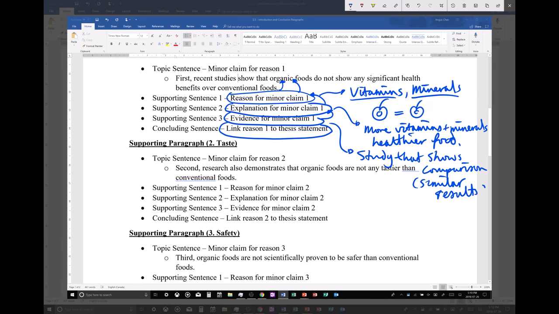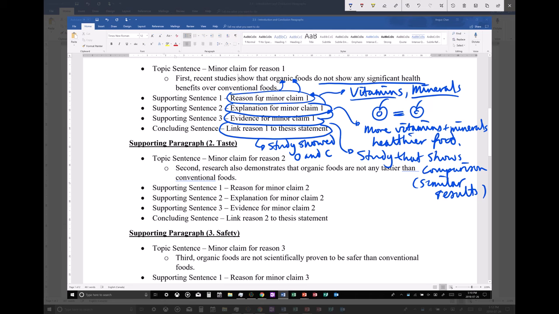Because I'm claiming in this sentence that they're the same, not any healthier. Okay, and the last part where you would link it, the study showed it's similar. Organic food and conventional food have similar vitamins and minerals.